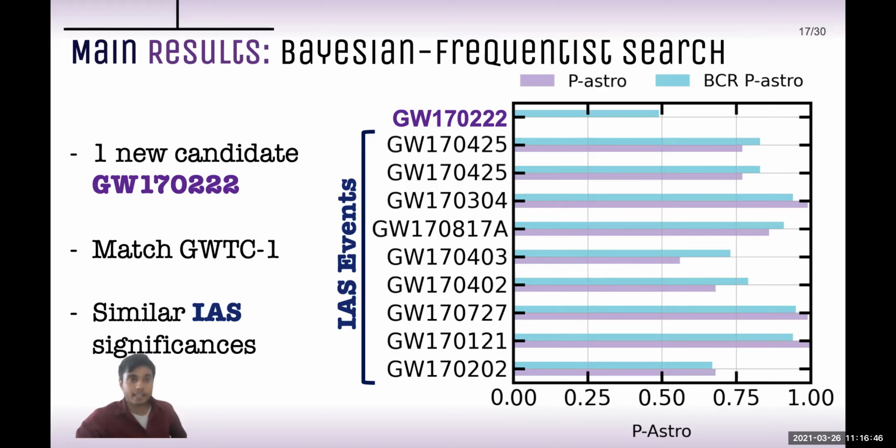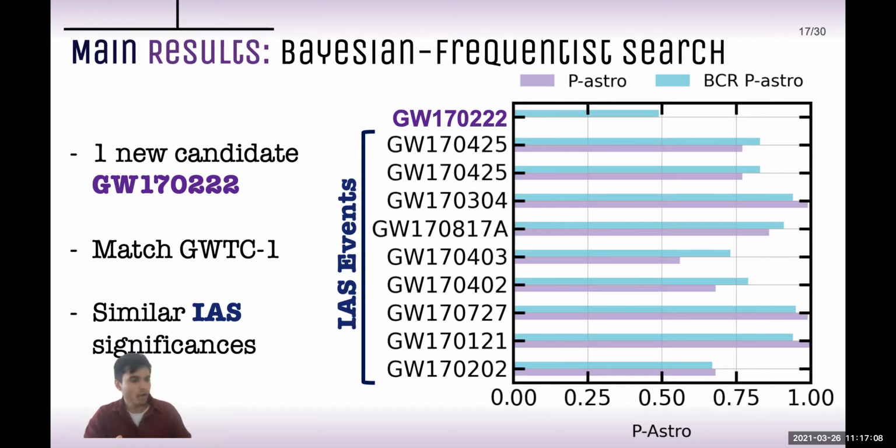What's also exciting and interesting is that our p-astros match up with those from the Institute for Advanced Study events. So the Institute for Advanced Study made their detections separately from LIGO. They did their search separately from LIGO using their own pipelines and data analysis and detection techniques.